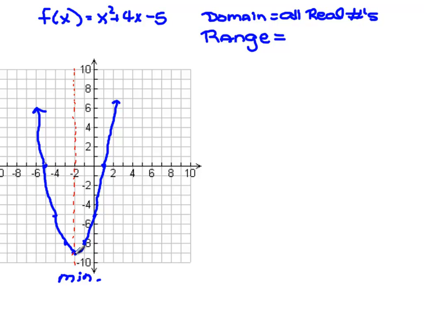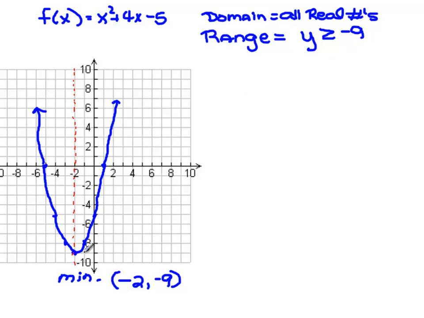In this case, that minimum point is (-2, -9), so the smallest the y can be is -9. There are no values smaller than -9. So the range is y is greater than or equal to -9.